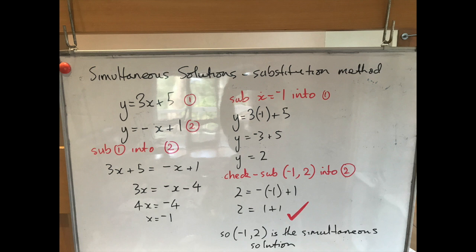In this case, we've just got x's. Then you solve it. Next step is to take that value you just found and put it into one of the equations to solve for the other coordinate. And the last step is to check that it works in the other equation that you haven't used yet.